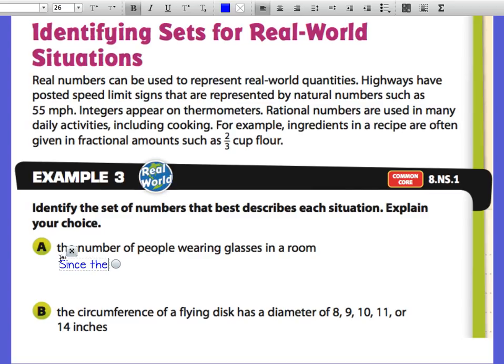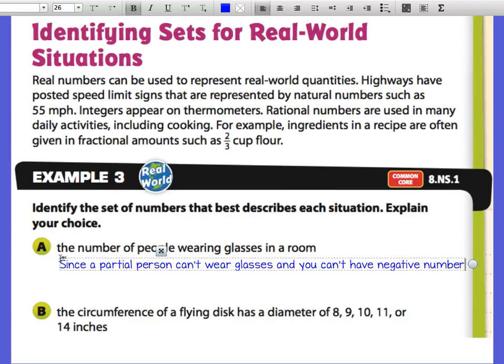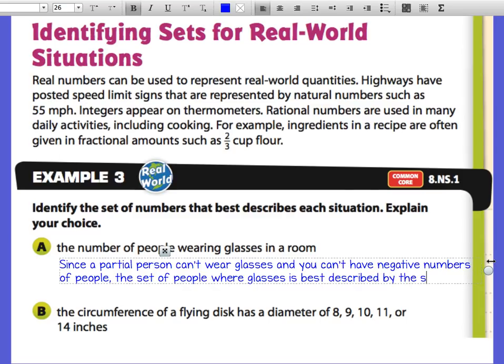Since a partial person can't wear glasses and you can't have negative numbers of people, the set of people wearing glasses is best described by the set of whole numbers.